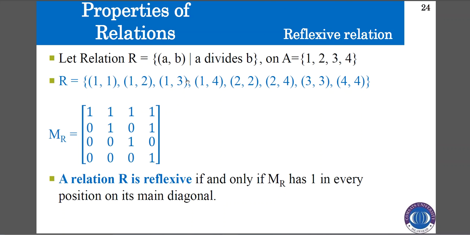This is the main property of reflexive relations. By drawing the matrix of the relation, we can easily identify whether a relation is reflexive or not. If every diagonal entry of a matrix is 1, then it is a reflexive relation.